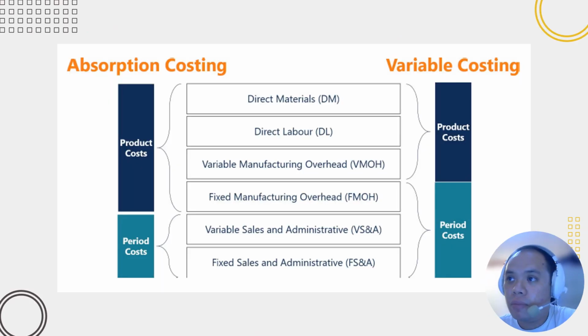Okay, last time we had a graphic representation of the comparison of absorption costing and variable costing. For absorption costing, direct materials, direct labor, variable manufacturing overhead, and fixed manufacturing overhead will be used to compute your product cost, while variable sales and administrative cost and fixed sales and administrative cost will be on your period cost, or the expenses incurred for the period.